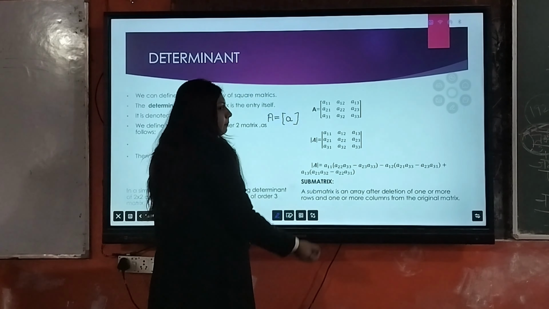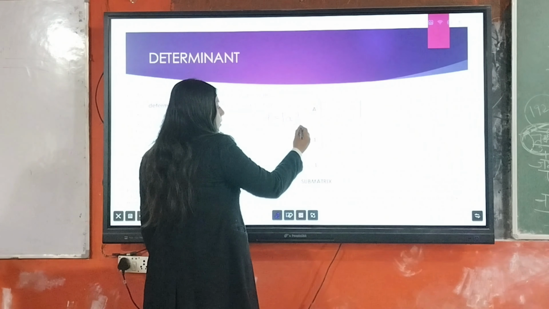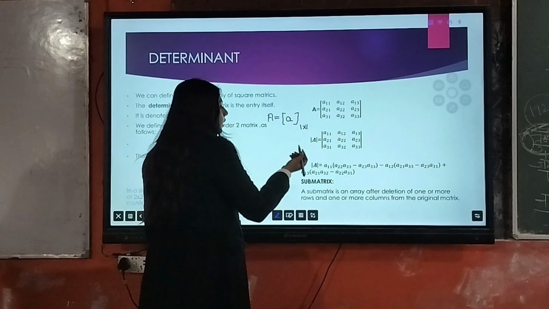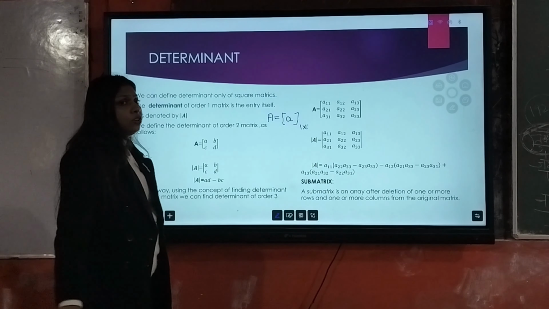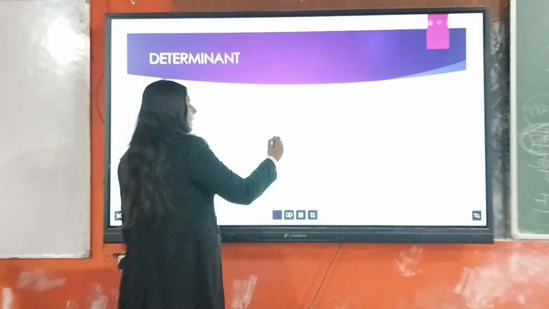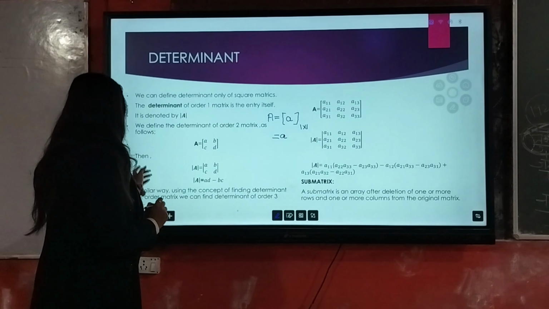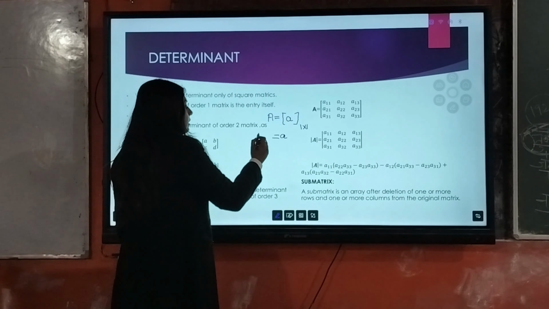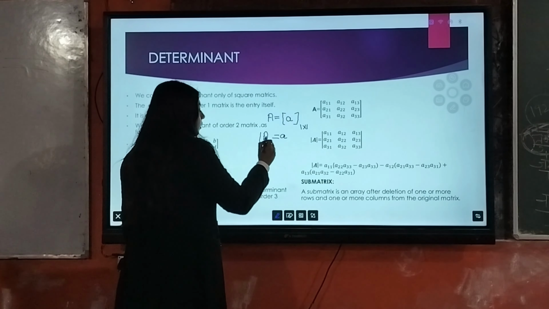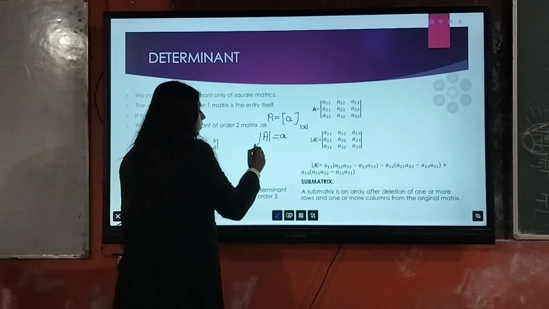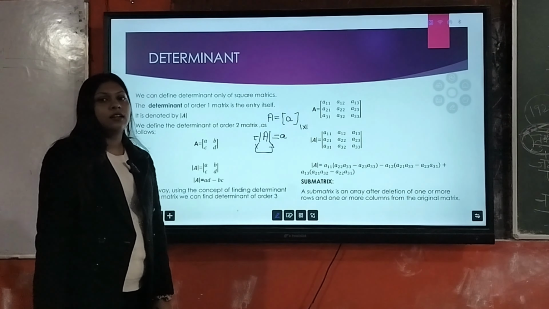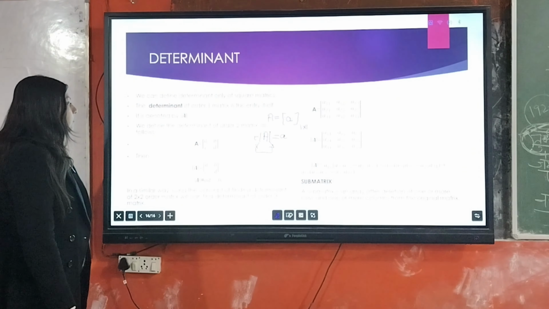We are taking some element a. This is called a 1 cross 1 or order 1 matrix. So the determinant of this will be the entry itself, that is a, and the representation of the determinant is between mod bars. Under this is the mod, but here we use this notation to represent the determinant.